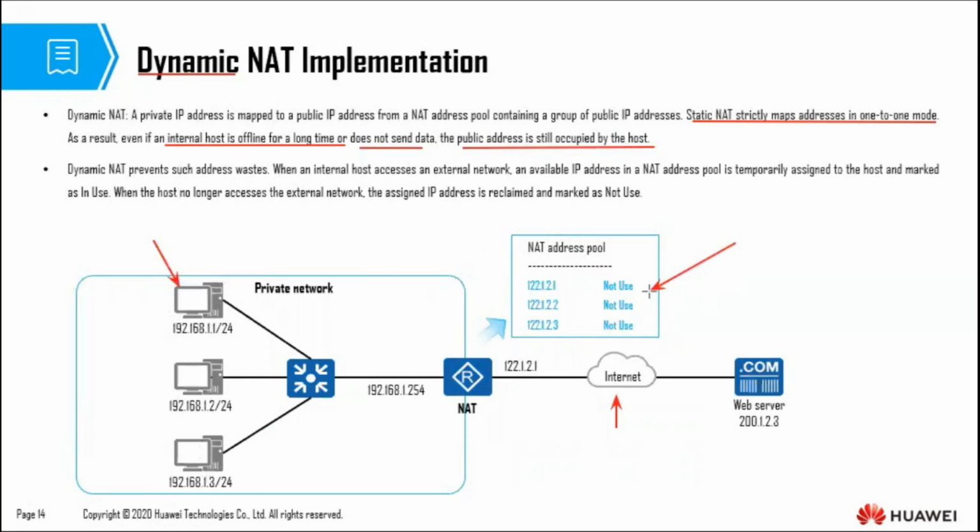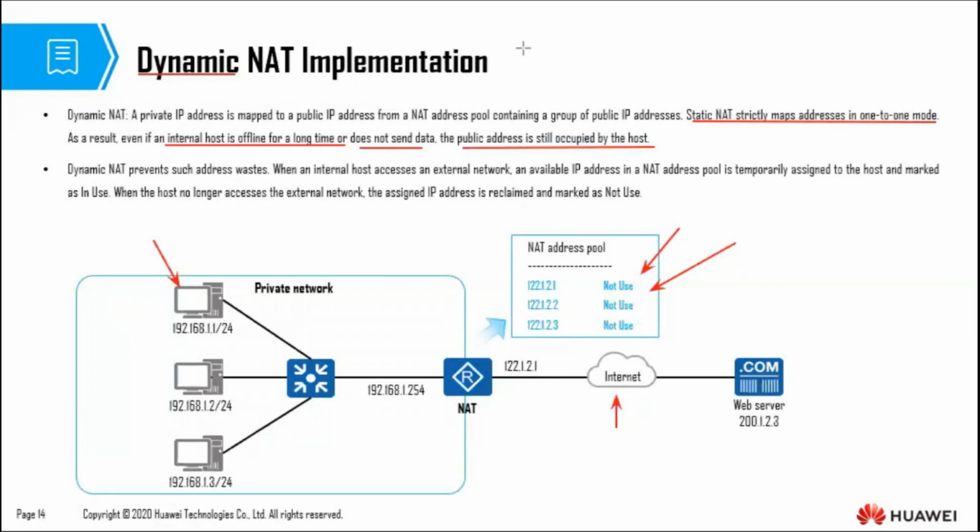Are you getting the point? So you're having 1,000 internal hosts, but you're just having 100 public addresses, because you assume that you can't have more than 100 internal hosts wanting to access the internet at the same time.